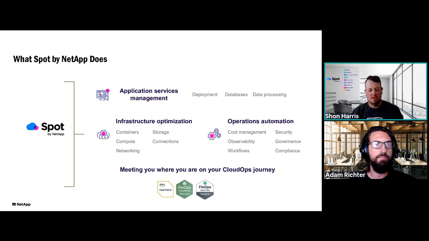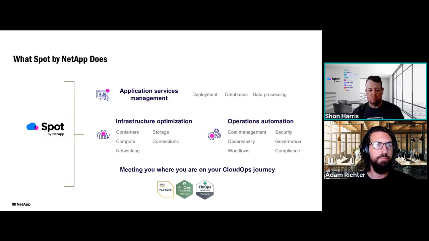Our tools, in the Spot portfolio specifically, can come in and address all of these, while having another tool that can come in and help with cost management, giving you observability into what your spend is, helping you build workflows and keep your security, governance, and compliance efforts in check.